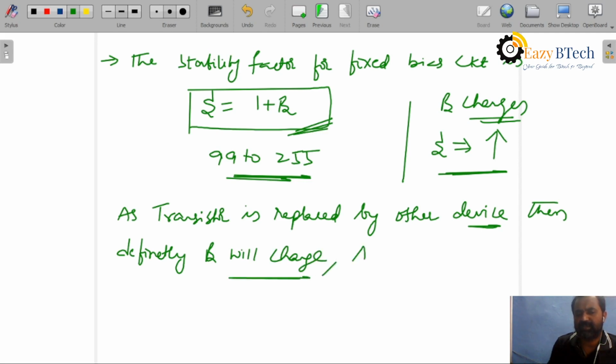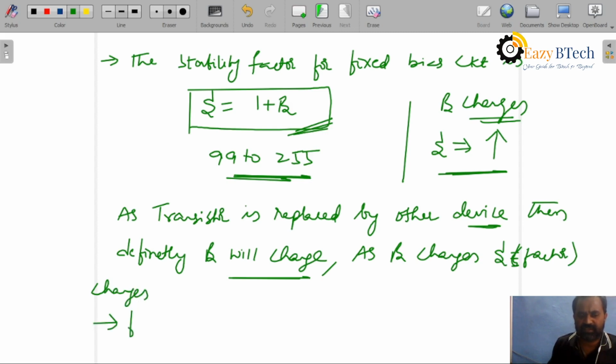As beta changes, the stability factor changes. That is why this fixed bias circuit is not preferred.